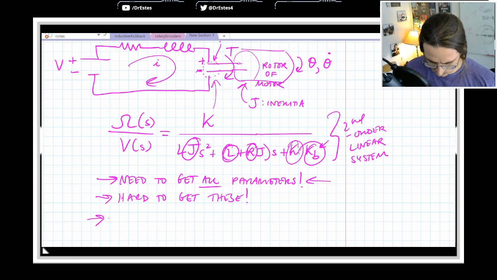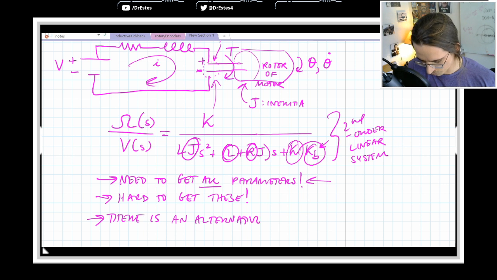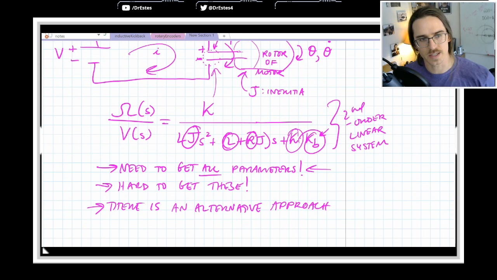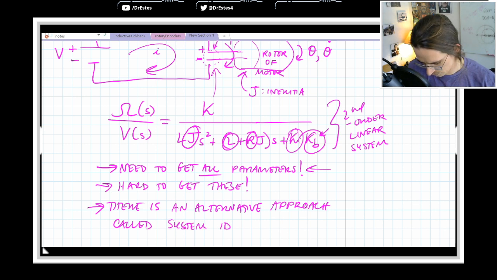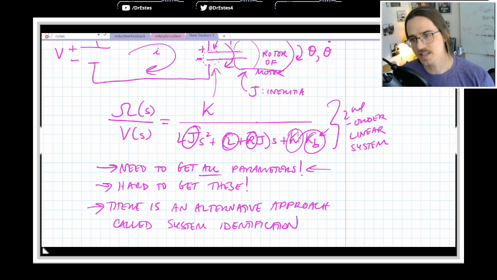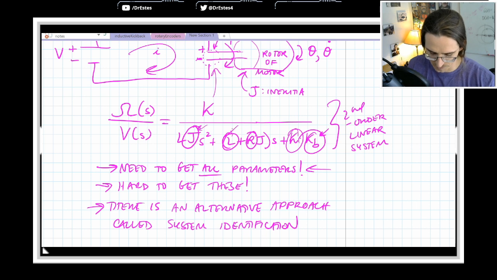So there is an alternative modeling approach or philosophy, and it's called system identification. And like I said, this approach doesn't care about all of these specific physical parameters in here.